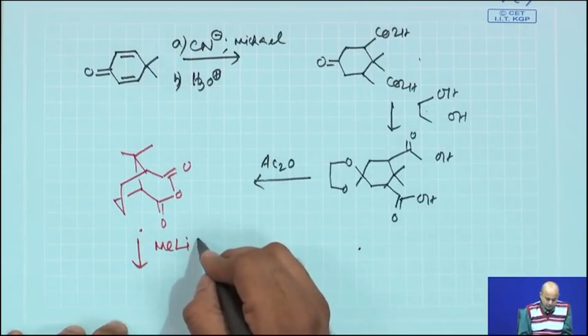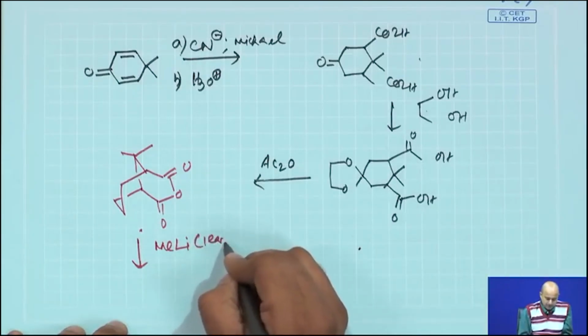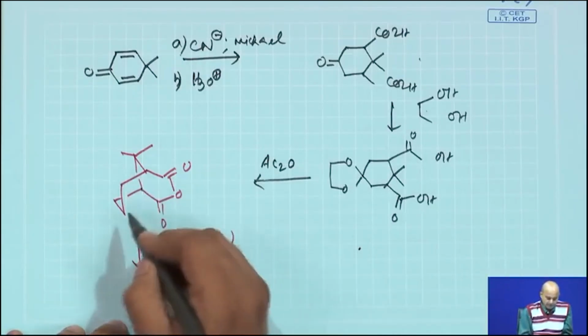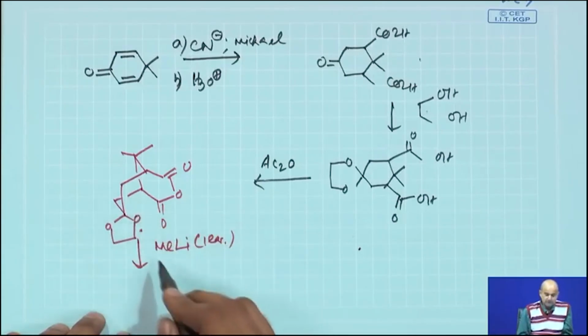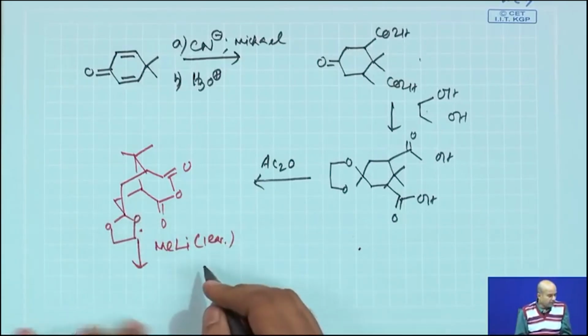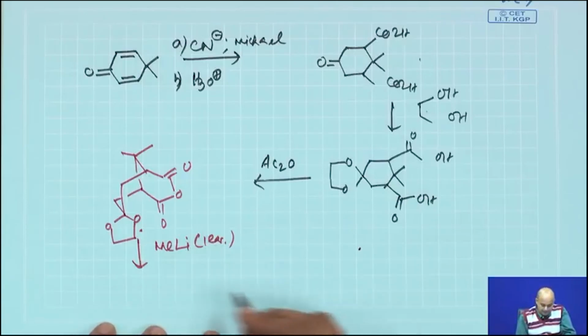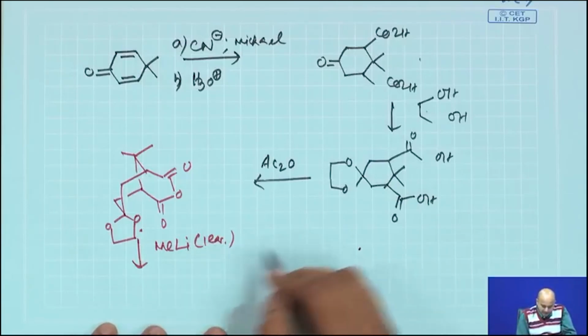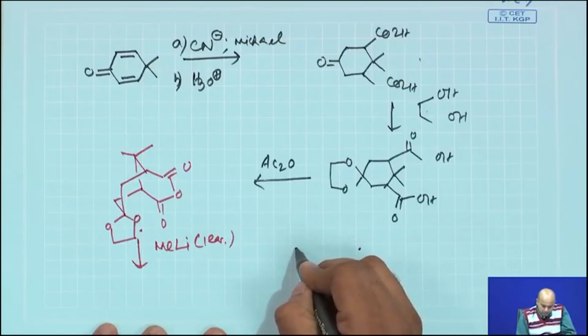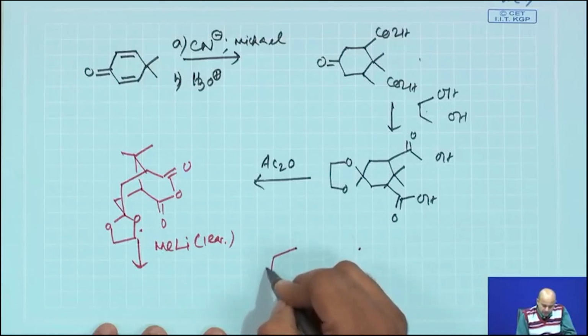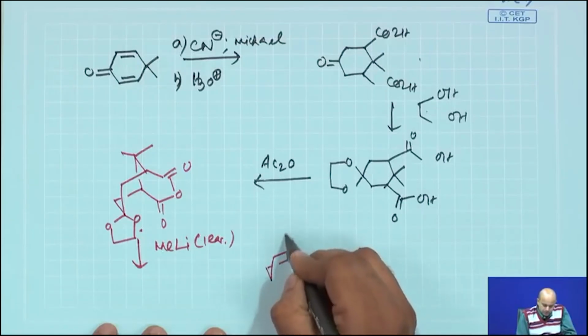We will treat with 1 equivalent of methyl lithium. It is a symmetrical anhydride. So, it will react with 1 equivalent of methyl lithium and give you the corresponding ketone. Now, draw the structure of this molecule.